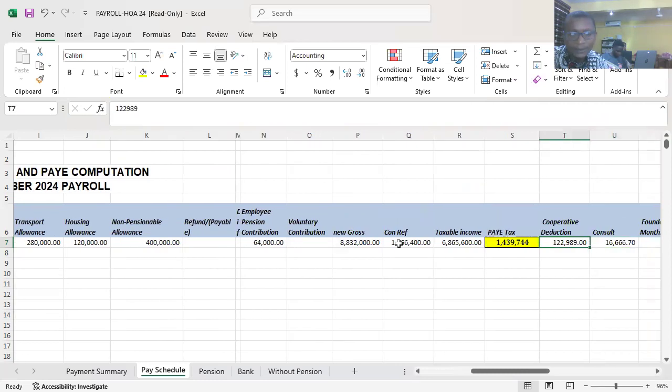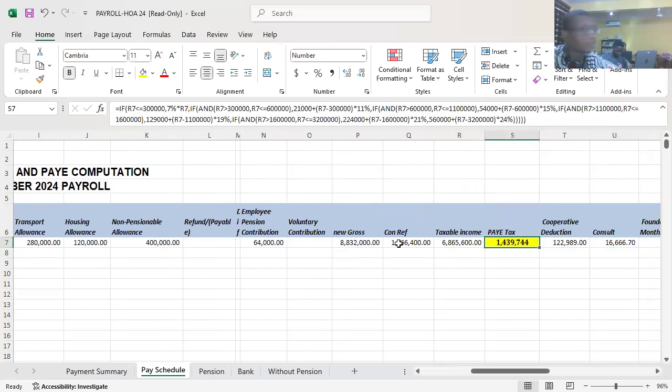It has calculated my tax for me. My tax is 1.4. But that tax you are seeing is tax for the year.